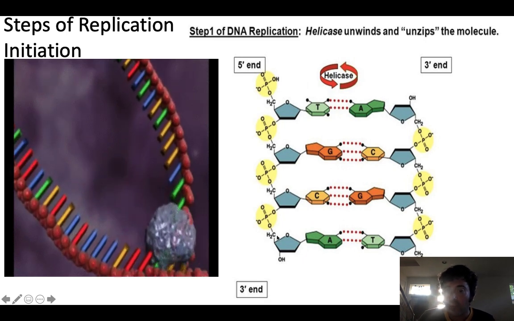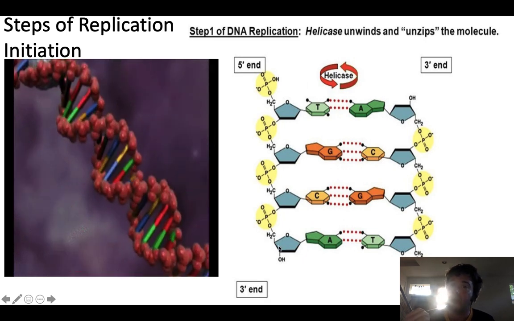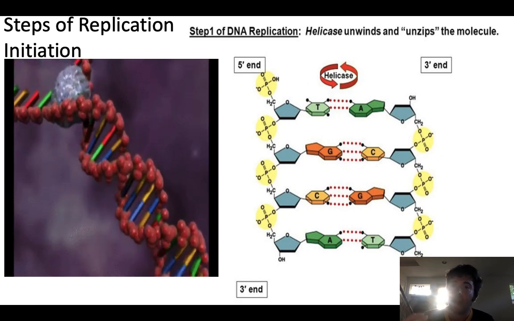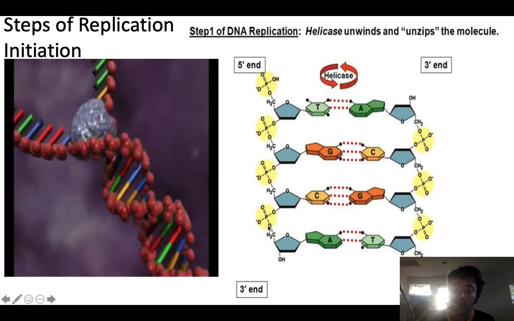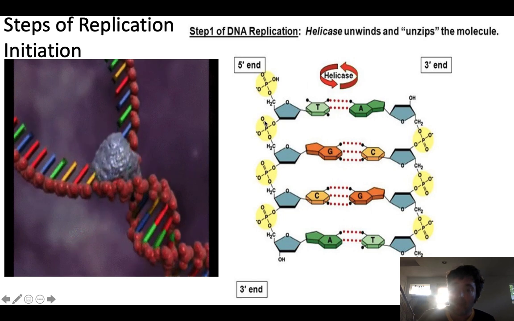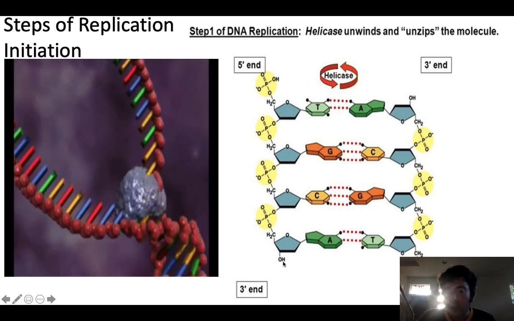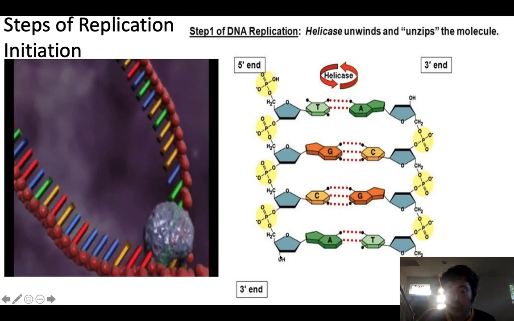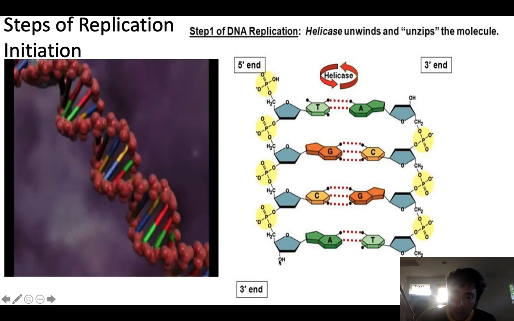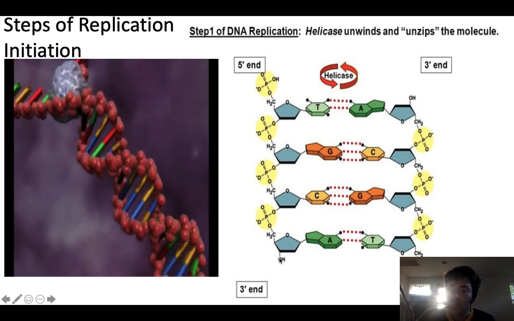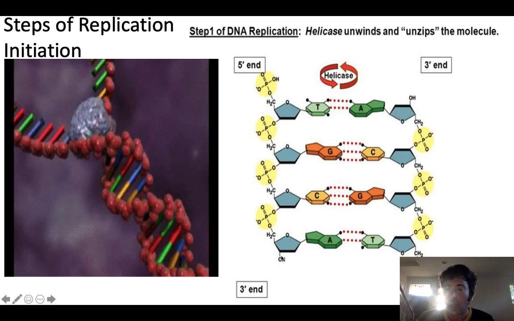Here's your 5', here's your 3'. You're going to hear me say a lot that DNA replication goes from 5' to 3'. That's because the only place you can link a nucleotide is at this hydroxyl. You need this free hydroxyl group.